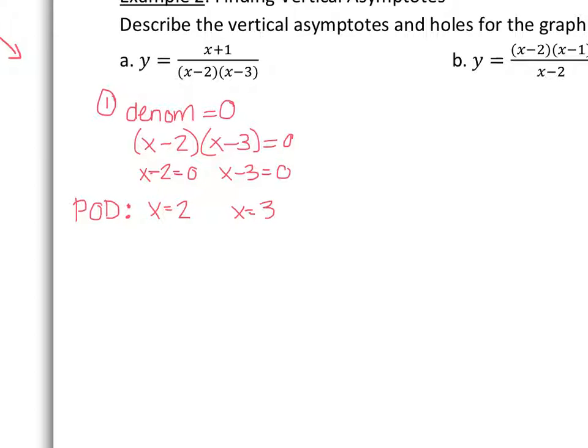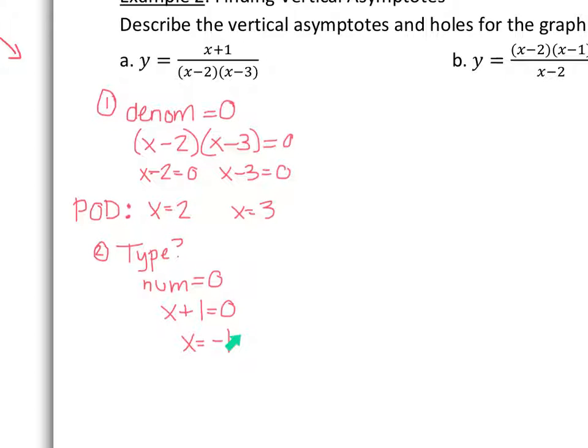We know the graph doesn't touch those points, but we don't know if it's an asymptote or if it jumps over it because it's a hole. So we have to figure out the type. Set your numerator equal to 0. So we have x plus 1 equals 0, which makes x equal -1 when you move it to the other side.